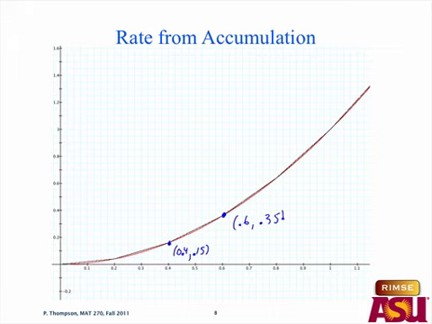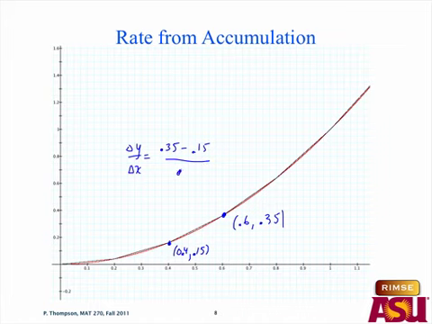Okay, good. So we found the slope for that interval, so it's 0.35 minus 0.15 over delta x, 0.2. And what did you get? We got 0.2 and 0.3, so 1.